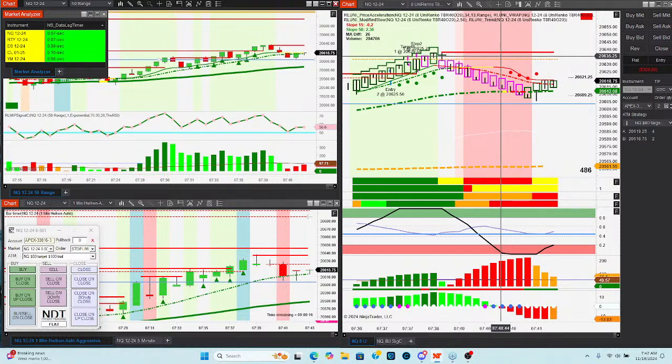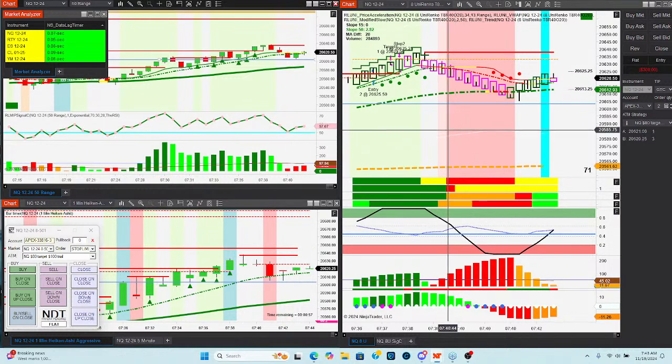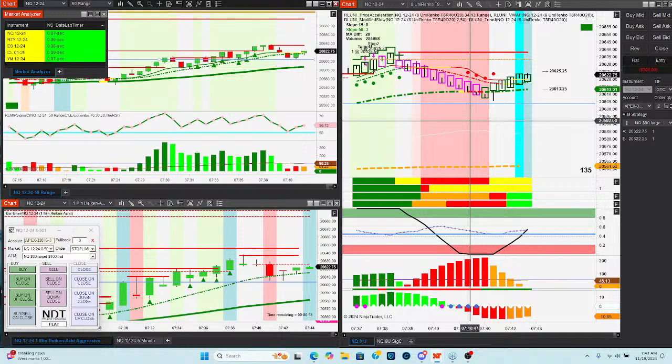But when I saw this first brush here and this brush here and this thing teetering, kind of trying to push through the 50, it's like I said, a little bit higher risk, but it can be tradable.